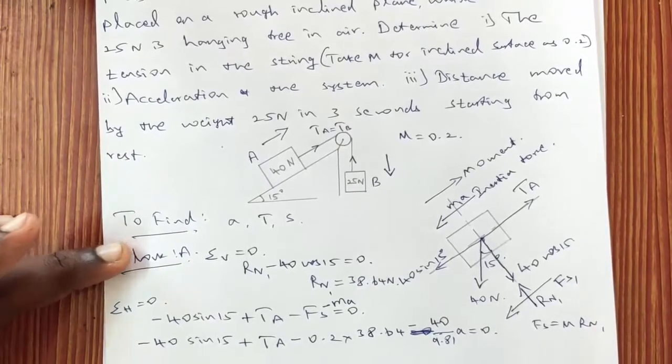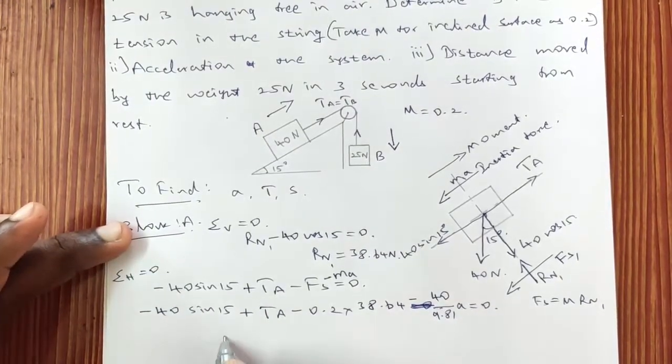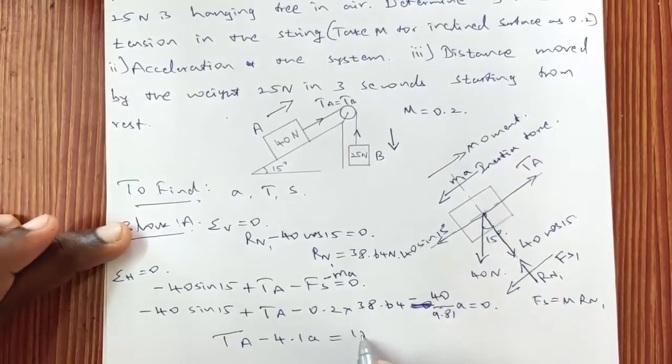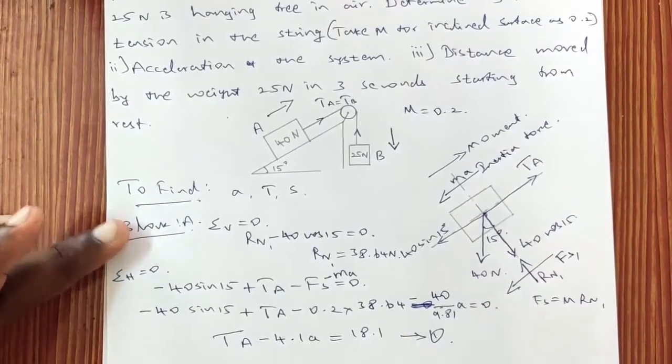Okay. So if you solve this equation, you will get TA minus 4.1 A is equal to 18.1. Keep this as equation number 1.